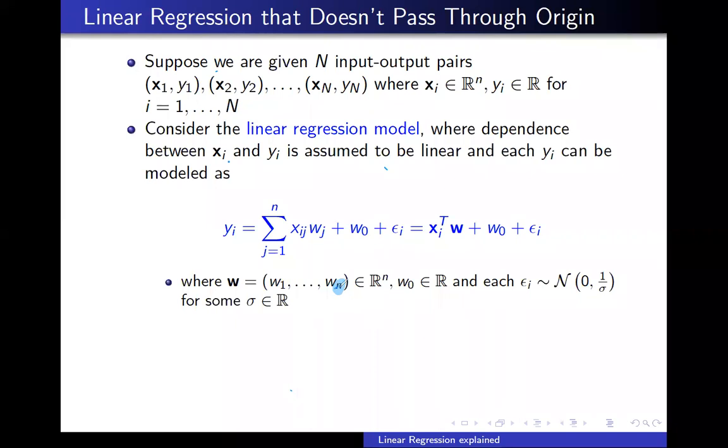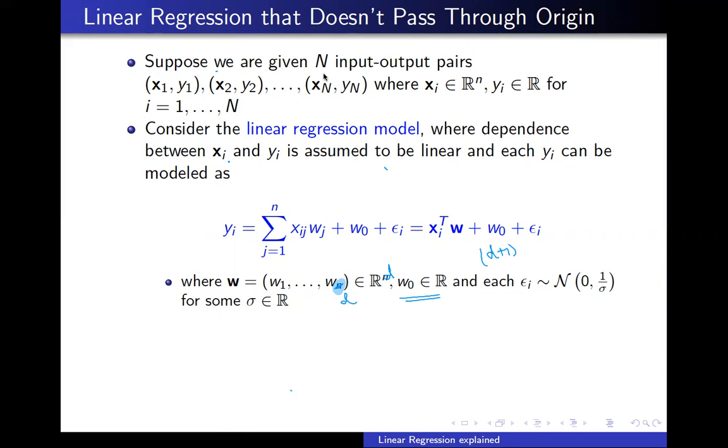Oops, sorry, this should be WD, and this should be the D features. So along with these D features, you also have another offset parameter. So now essentially I'm looking for D plus 1 parameters. The noise term is still the same.